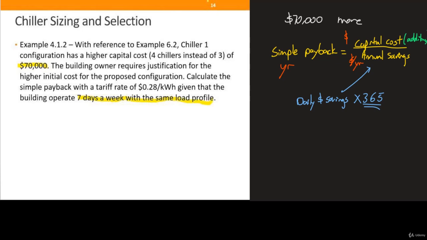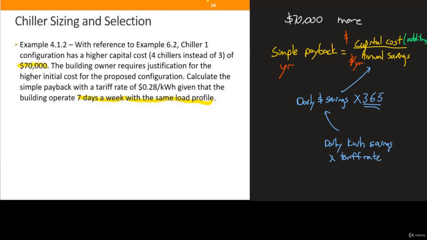So how are you going to get your daily energy dollar savings? Daily dollar savings is obtained from your daily kilowatt hour savings multiplied by tariff rate.